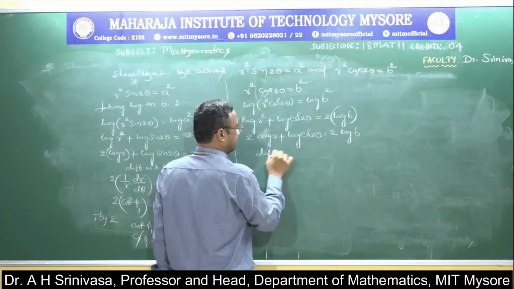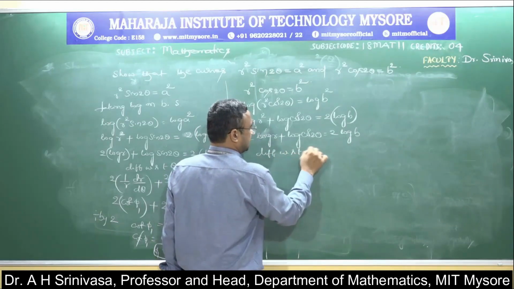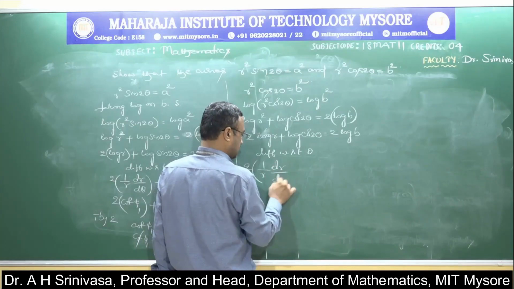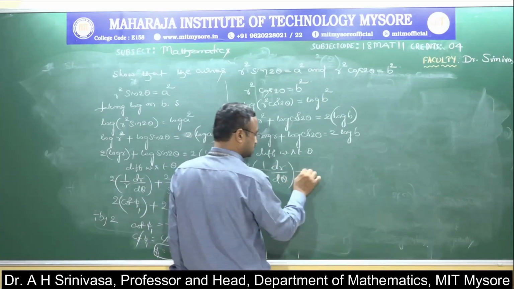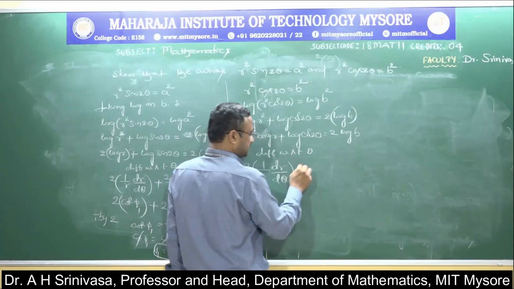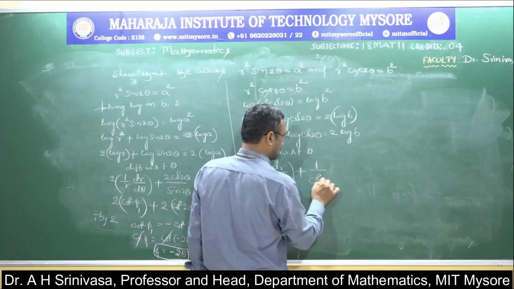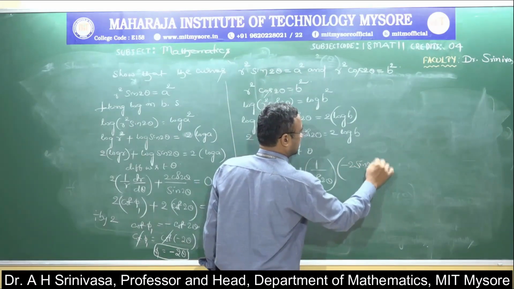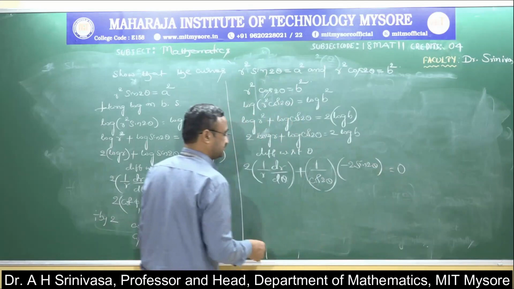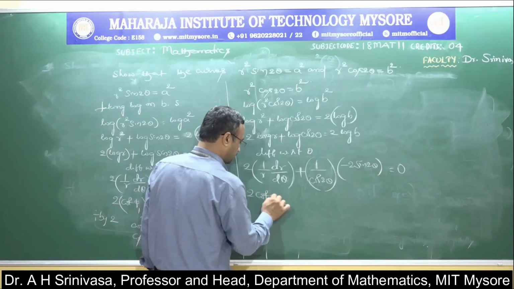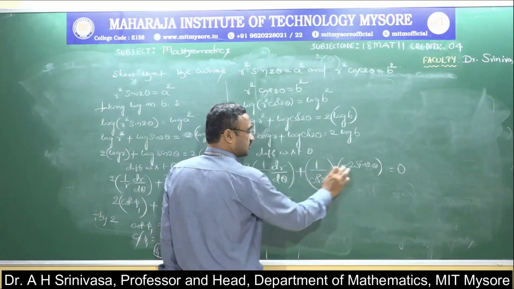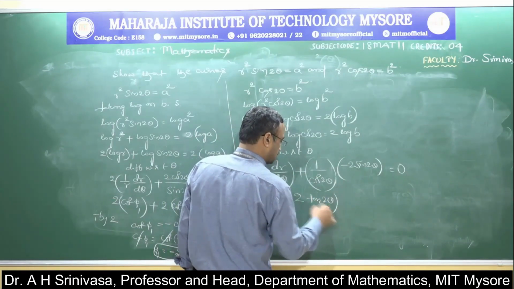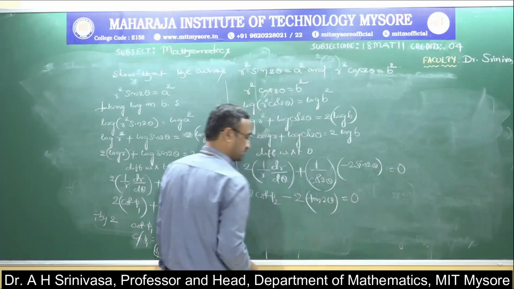Now differentiate with respect to theta. This becomes 2 times 1 by r dr by d theta. Now the differentiation of this one is 1 by cos 2 theta into minus 2 sin 2 theta, should be equal to 0. This is 2 cot phi 2 plus minus 2 tan 2 theta equal to 0.